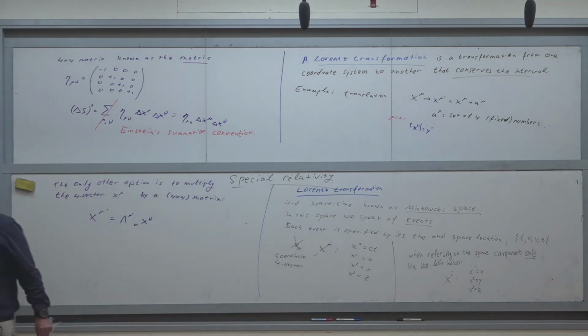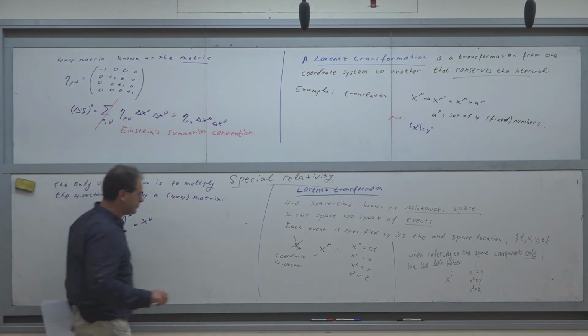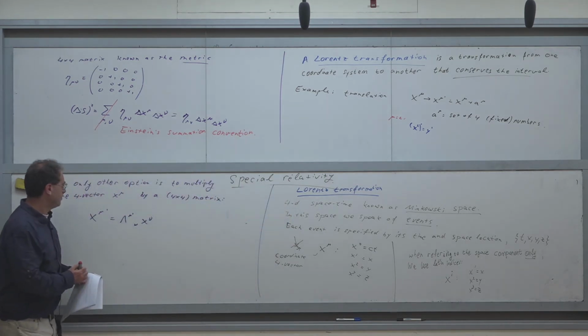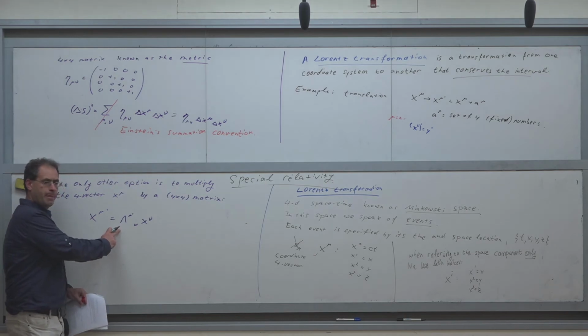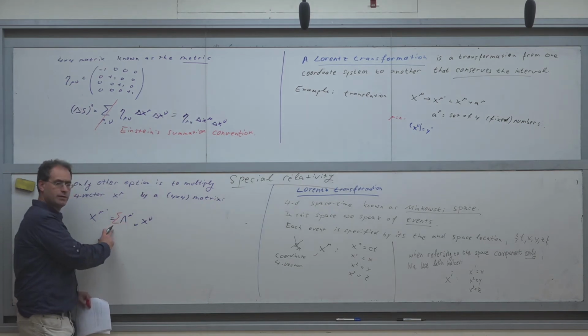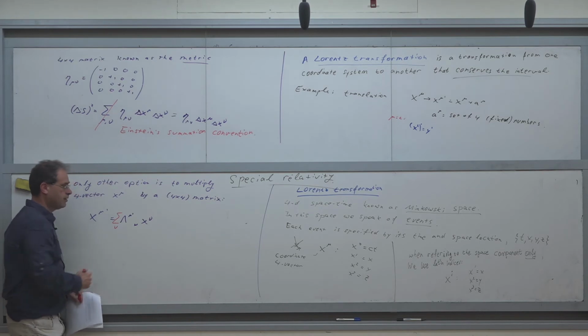Remember, I'm using Einstein's summation convention here. So really, what's written here? I need to add a summation on what is the index? Nu, right?